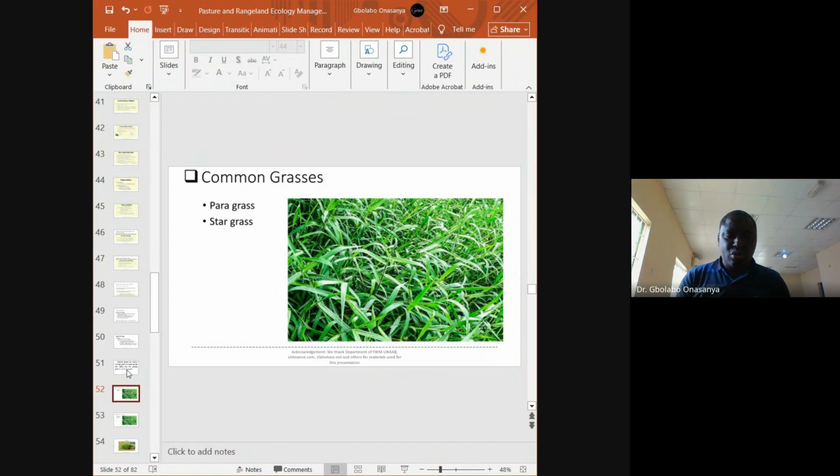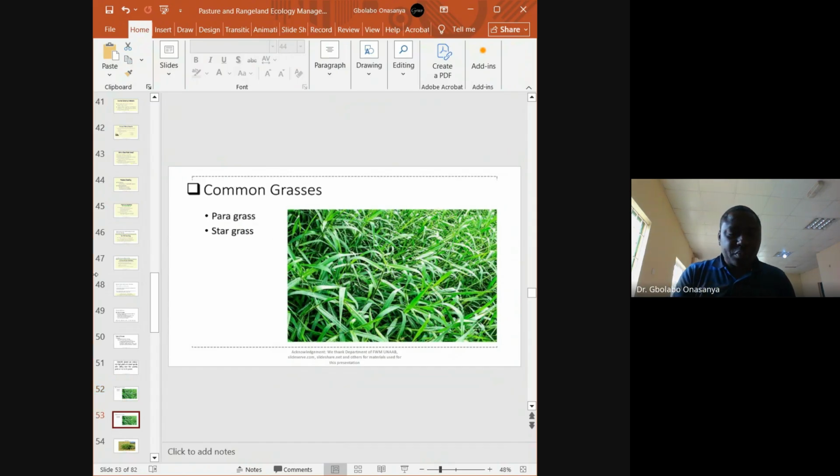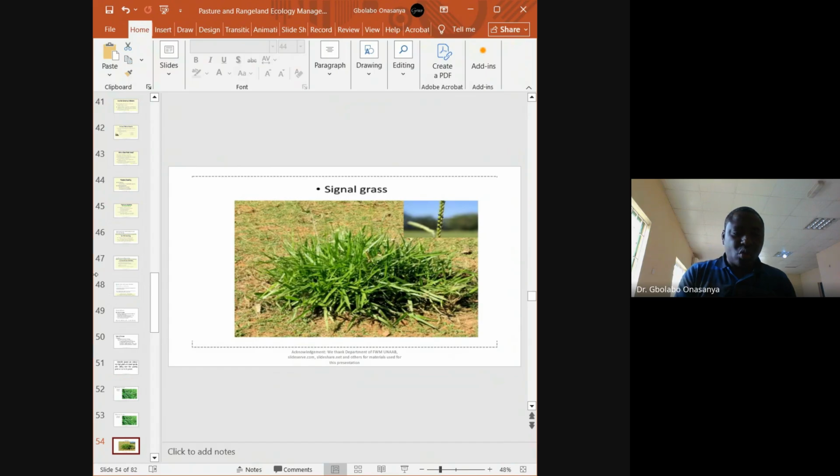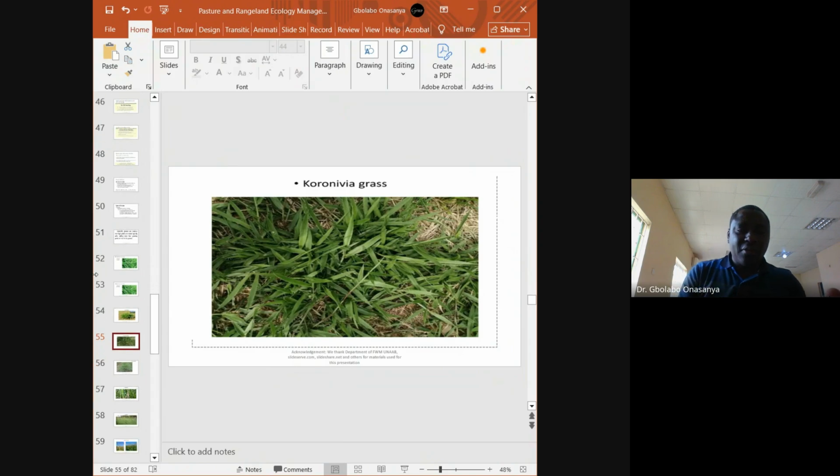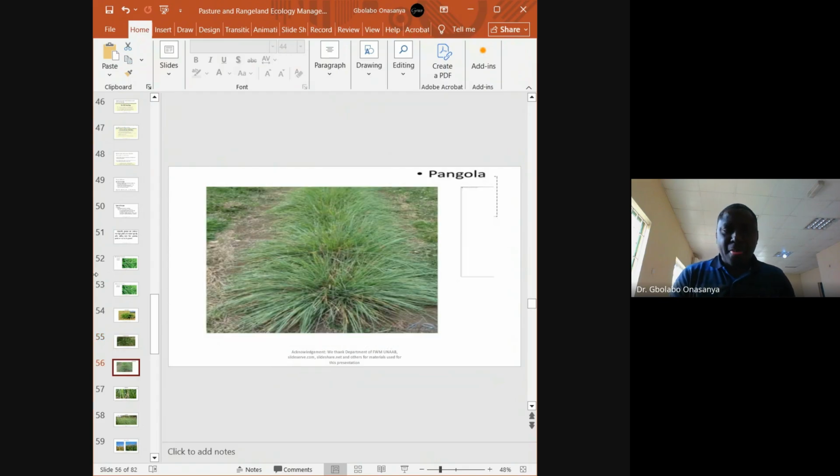And I want to show you some grasses. These are star grass. We have giant star grass. These are common around us. We have signal grass. We have coronavia grass, and we can find this around us.